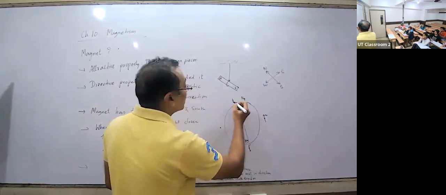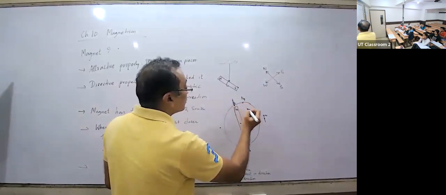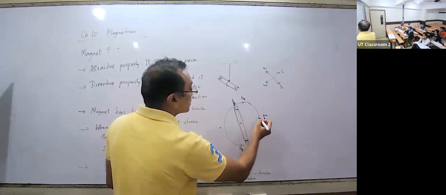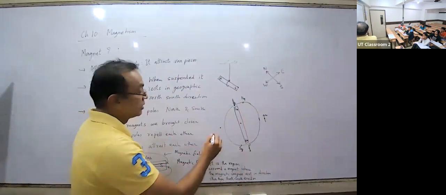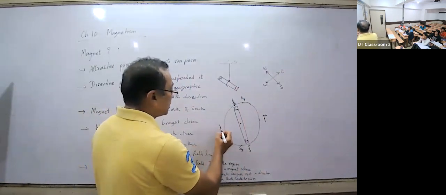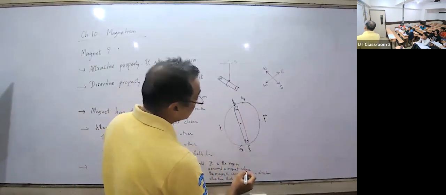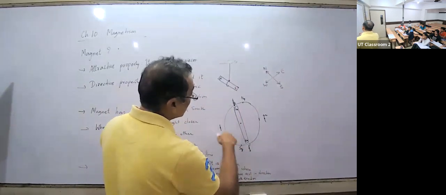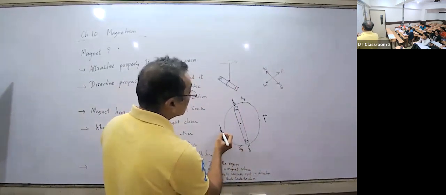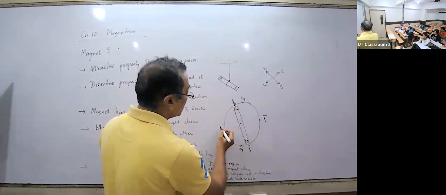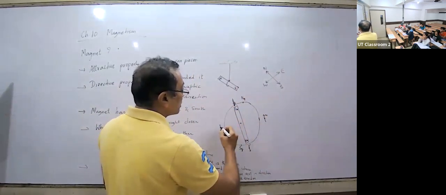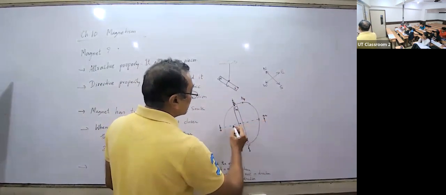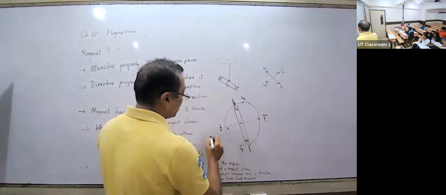It is 90, right? What is the angle here with the surface? 0. It's parallel to the surface. So here it will be like this. So every time it's like this. So when you join where the magnetic compass is parallel, this line is called the magnetic equator.